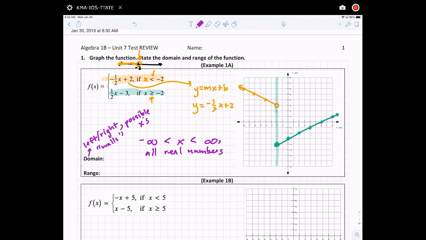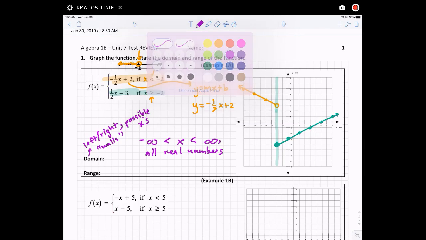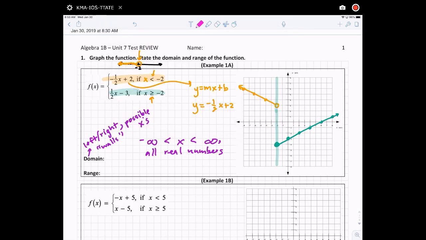What about range? A lot of times range is the tougher of the two because we actually will run into something that's not all real numbers. Greater than or equal to. So when I'm thinking about range, not that you're wrong, but let's think about these little examples.